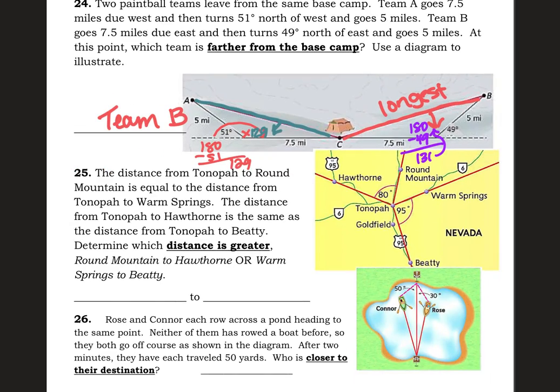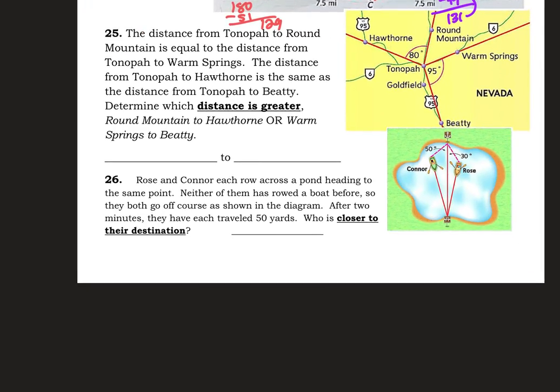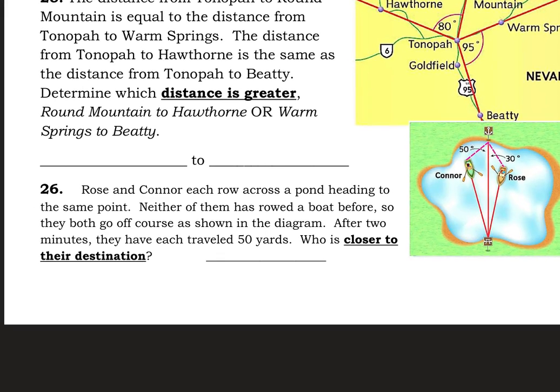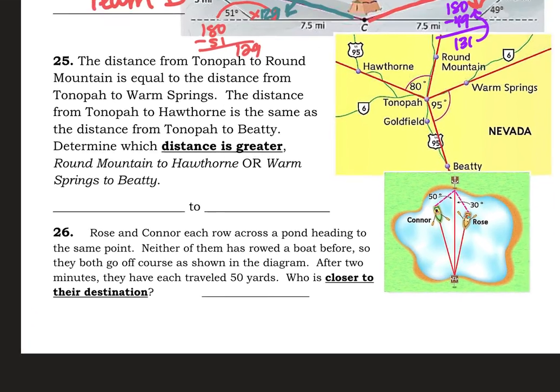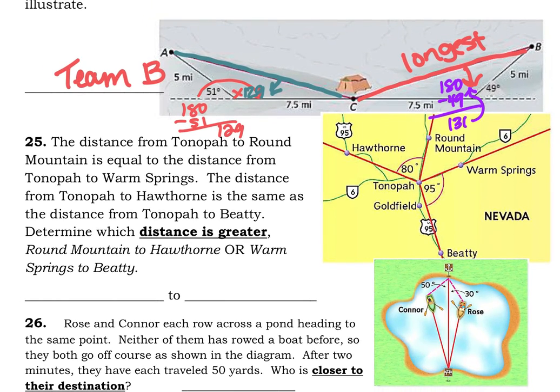All right, the next one I think you'll be fine. Let's look at 26 though. On 26, it says Rose and Connor. Oh, we can do the next one. All right, look at the next one. Here we have the distances between 4 cities. Specifically, we have Hawthorne to Round Mountain, and we have the distance of Warm Springs and Beatty there.